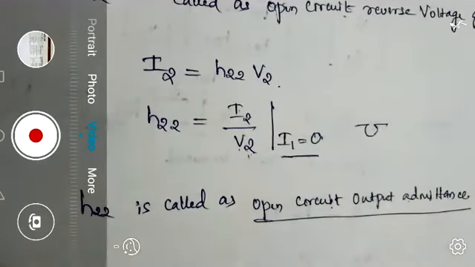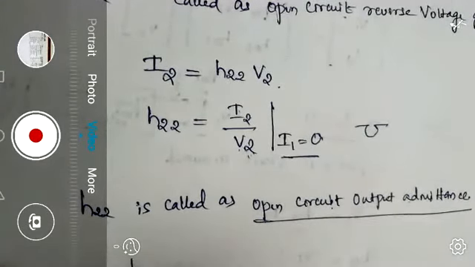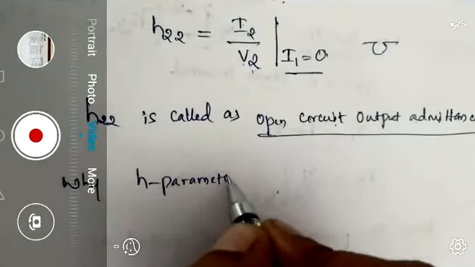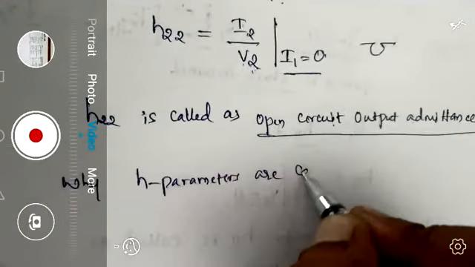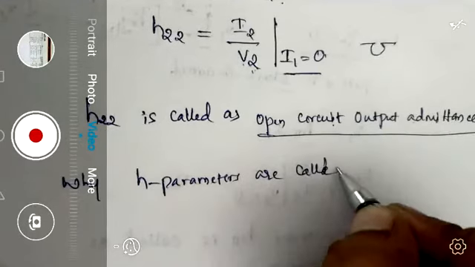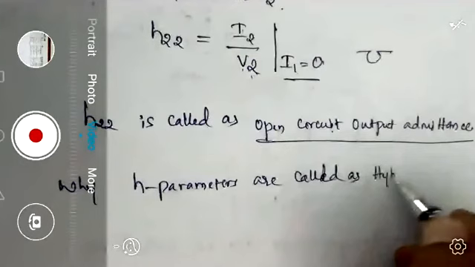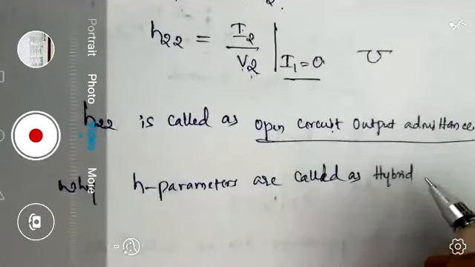Now the question is, why H parameters? Why are H parameters called hybrid? Sir, admittance means Y parameter, no? So you are explaining H parameter.